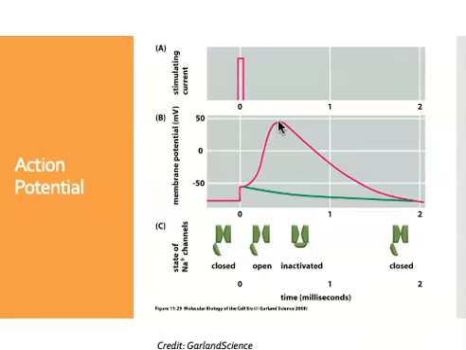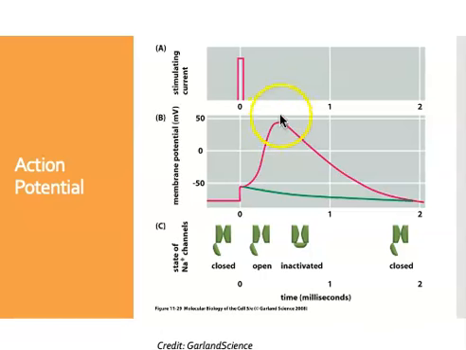This is the second key voltage. The threshold voltage opened the channels, and now there's going to be another voltage up at this peak, which is up in the positive range, and that's going to cause the channels not only to close, but to inactivate. And again, we'll talk about what that means in just a minute.